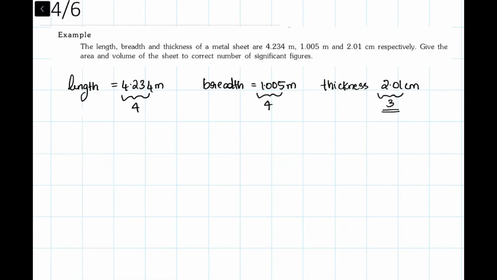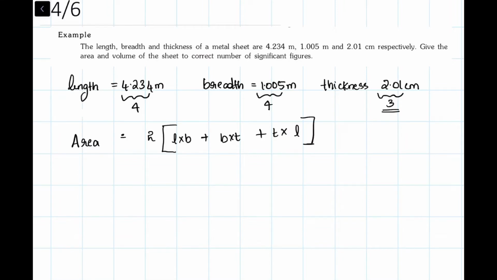Okay, so let's take the area. How will you calculate area of a box? It's a 3-dimensional box. We have length, breadth and thickness. So what will be the formula? Area will be equal to, there will be 2 sides with area length into breadth, 2 sides with surface area breadth into thickness, and 2 sides with surface area thickness into length.